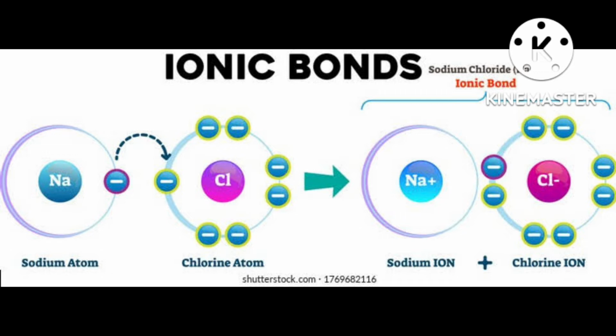For example, in general, if a metal M loses 1 electron, it will give M plus in gaseous state, plus an electron. M plus, sometimes 1 plus, sometimes 2 plus, sometimes 3 plus, and it requires energy. That is called ionization enthalpy.